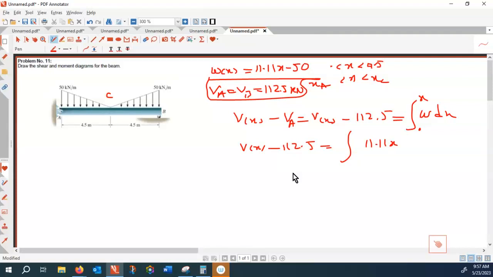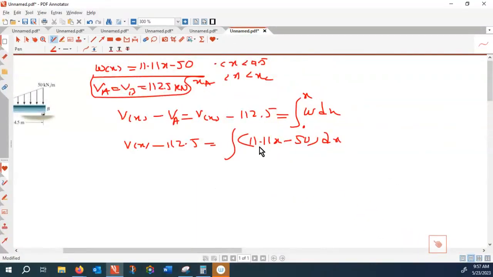All right. So now I have to do the integration of W dx, which is what? That is 11.11 divided by 2, 5.55 x squared, minus 50x.